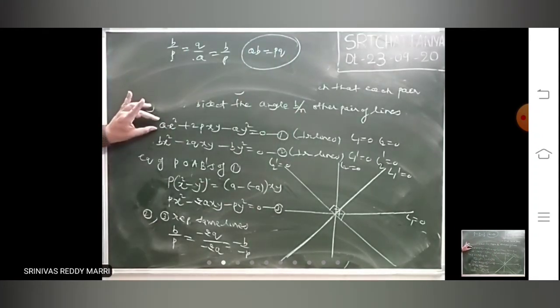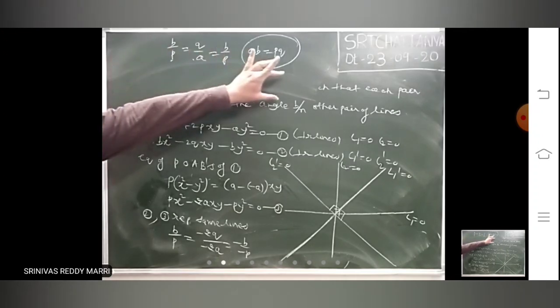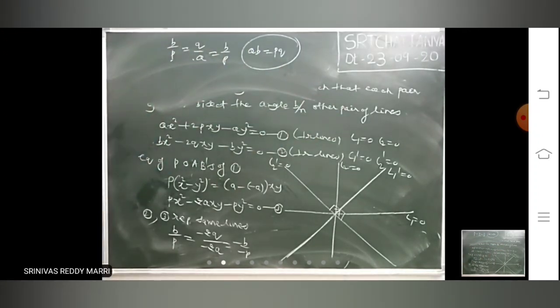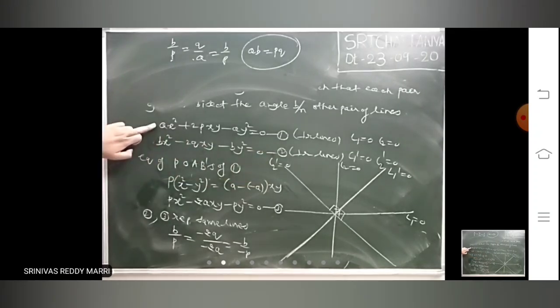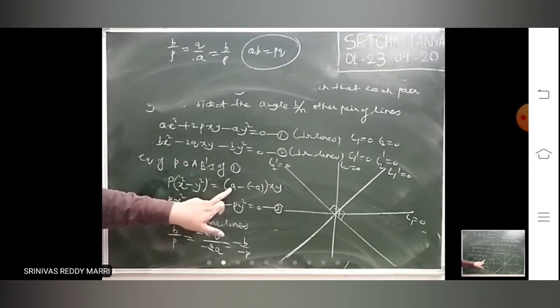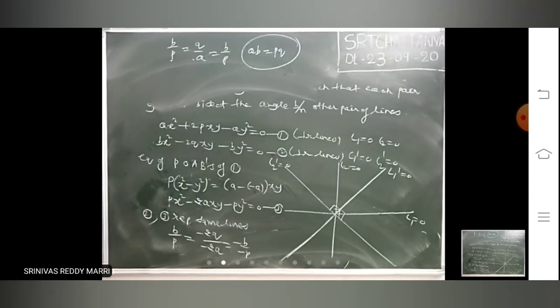I will explain once again. He will give two pairs of lines. He will tell that each pair bisects the angle between the pair of lines. You take 1 or 2, any one; I have taken one. Take the first equation and write the pair of angular bisectors by using the formula h into x square minus y square equal to a minus b into xy. That is the third equation.